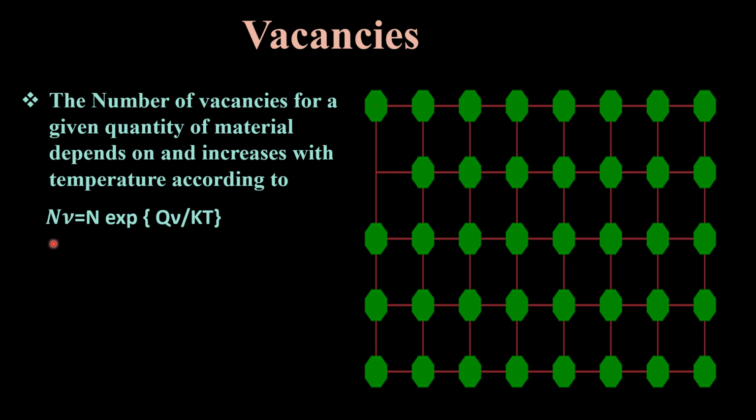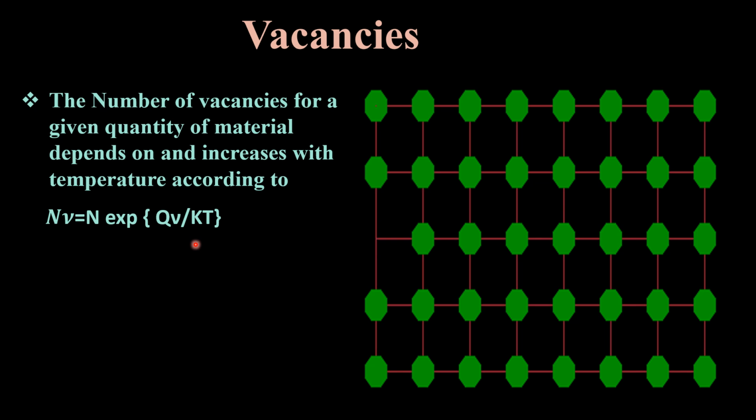Here we can see in this relation that the equilibrium number of vacancies is related to the temperature. That is, when we increase the temperature of the material, it increases the number of vacancies.